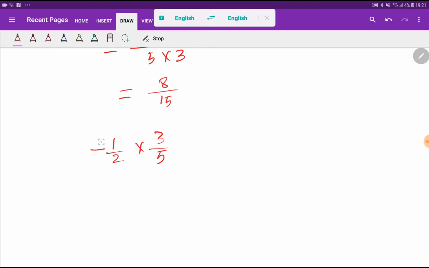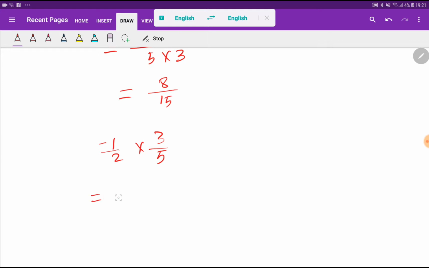Actually, you can place this minus with 2, or you can place this minus with 1. So I will prefer to place minus with 1, or that is in the place of numerator, right?